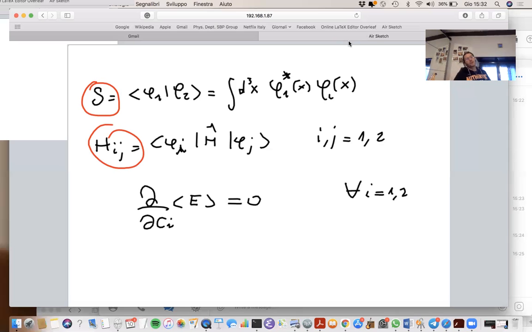In other words, you want to look for the optimal choice of coefficients for this expectation value, or better to say, looking for a minimum. This will give rise to 2 equations, and I encourage you to do the calculation yourself. I will just state the result.